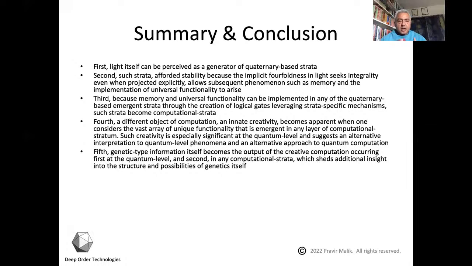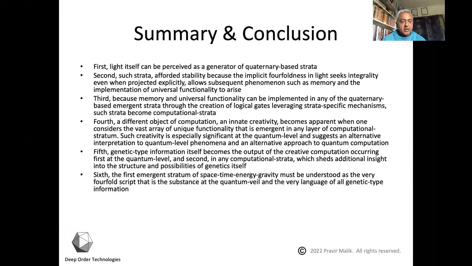Fifth, as a result of this persistent quantum computation that's taking place due to the action of the light matrix, there's always information that's being created, and this is genetic type information and also sheds insight into the structure and possibilities of genetics itself.